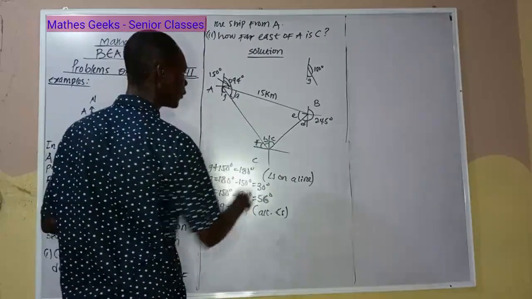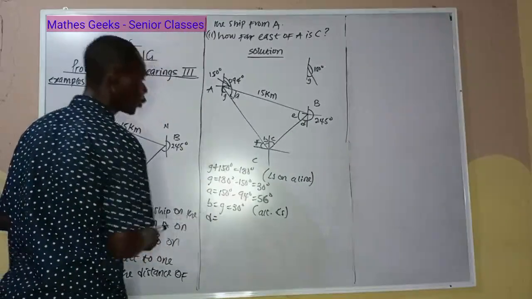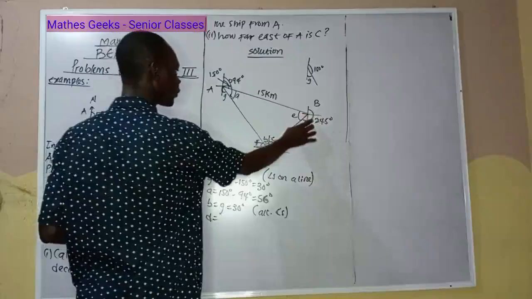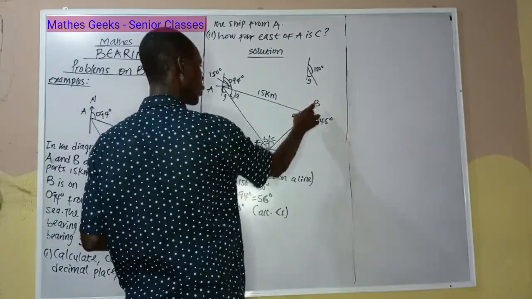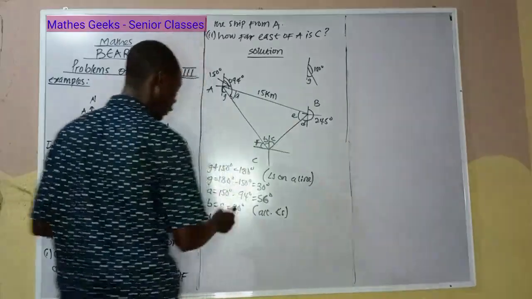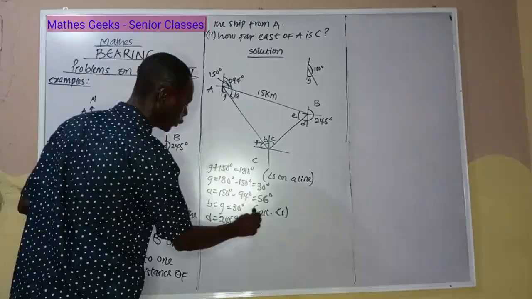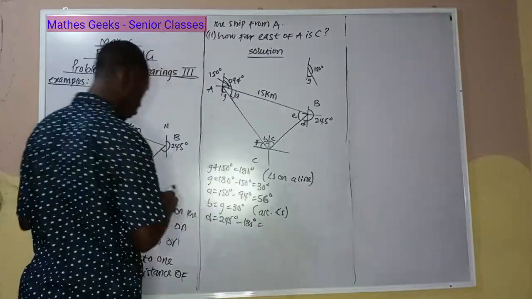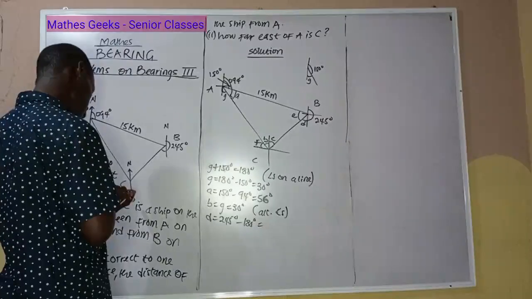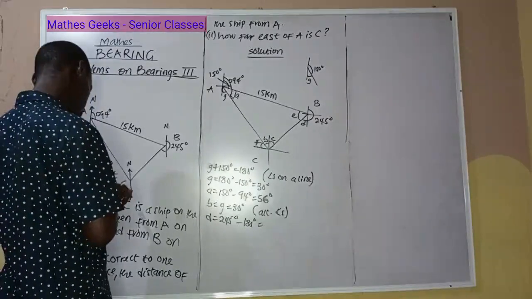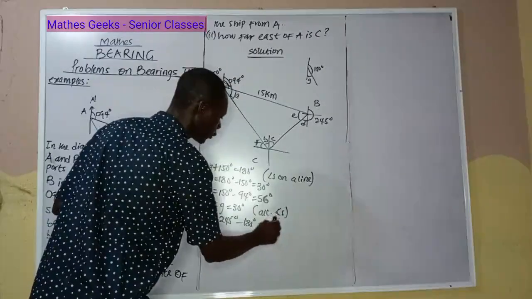For us to get C, let's get D first of all. So angle D: from here to here is 180, and from the north to this line is 245 degrees. So D would be 245 degrees minus 180 degrees, that's 65 degrees.